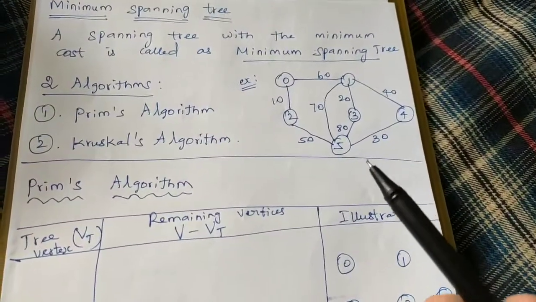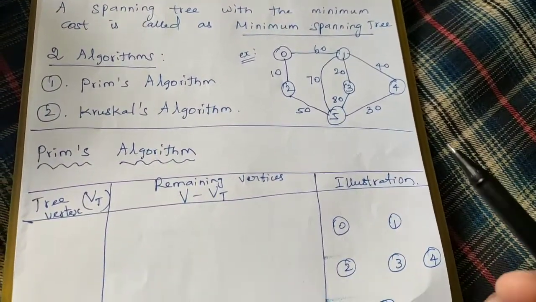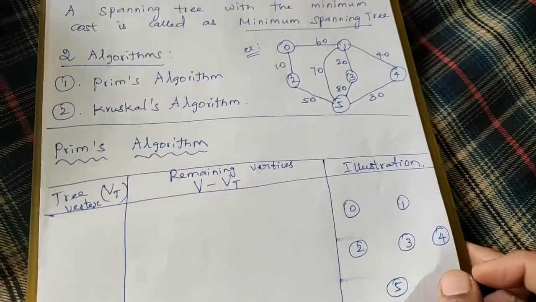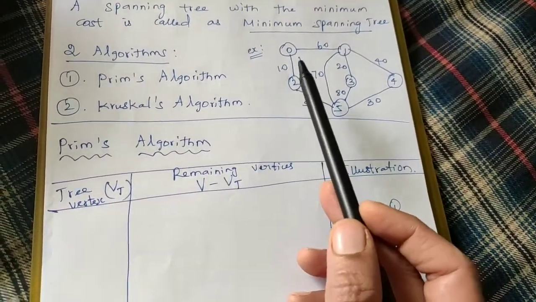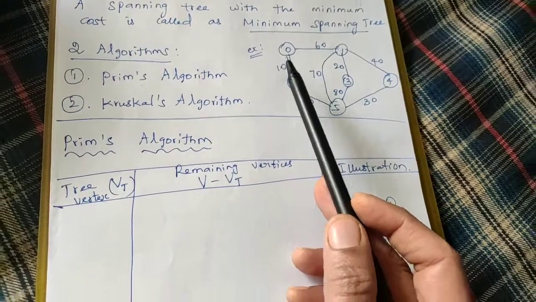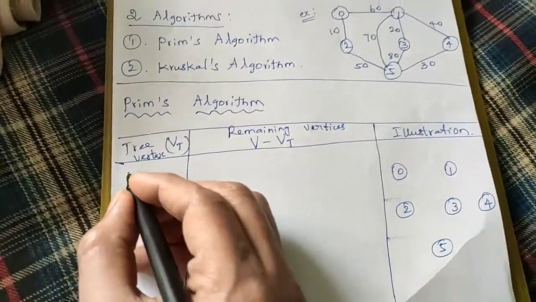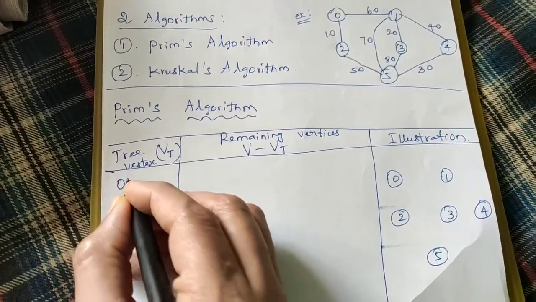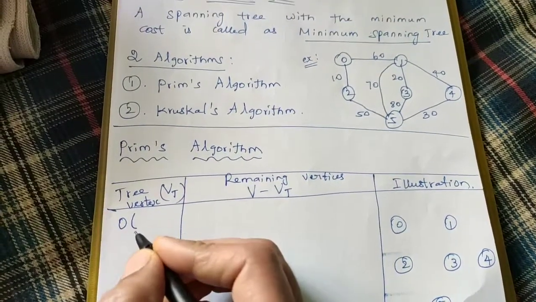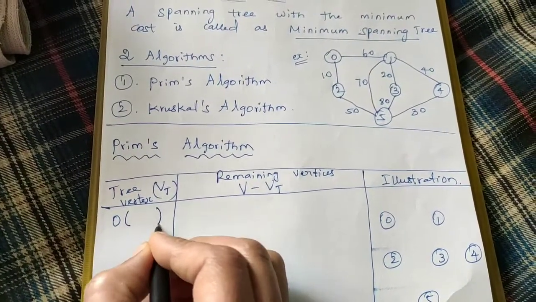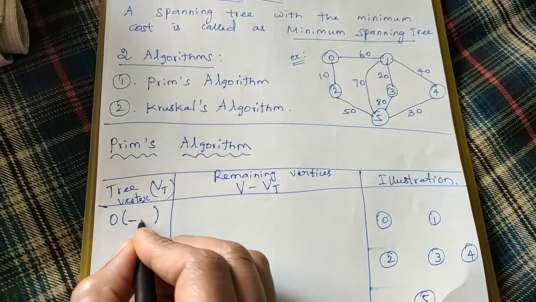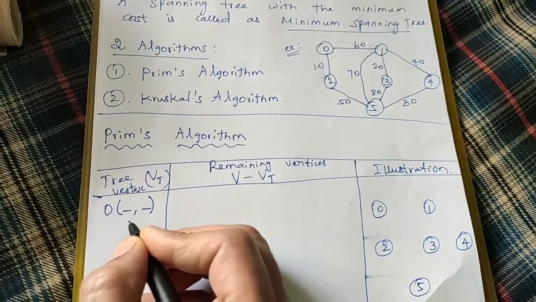You can start your process with any vertex. As per the order, I am going to start my process with the vertex 0. So I am going to write the vertex 0. Each and every vertex will have two parameters.